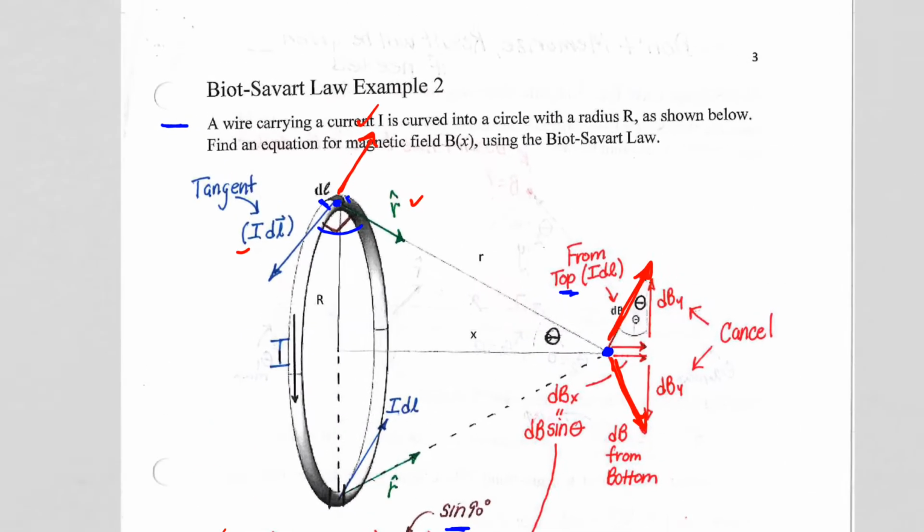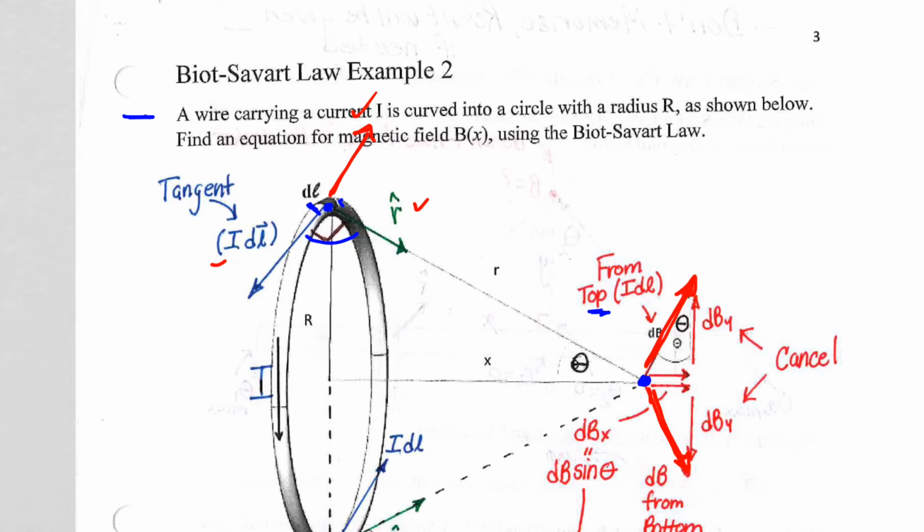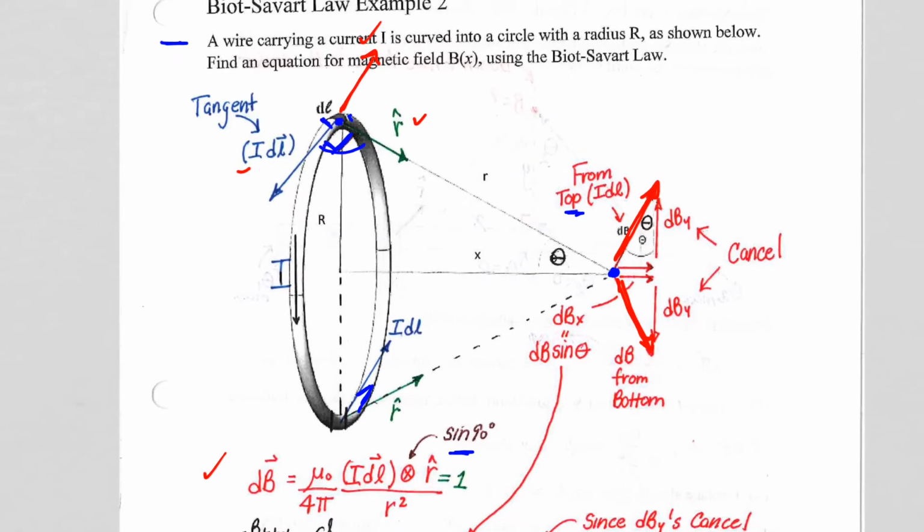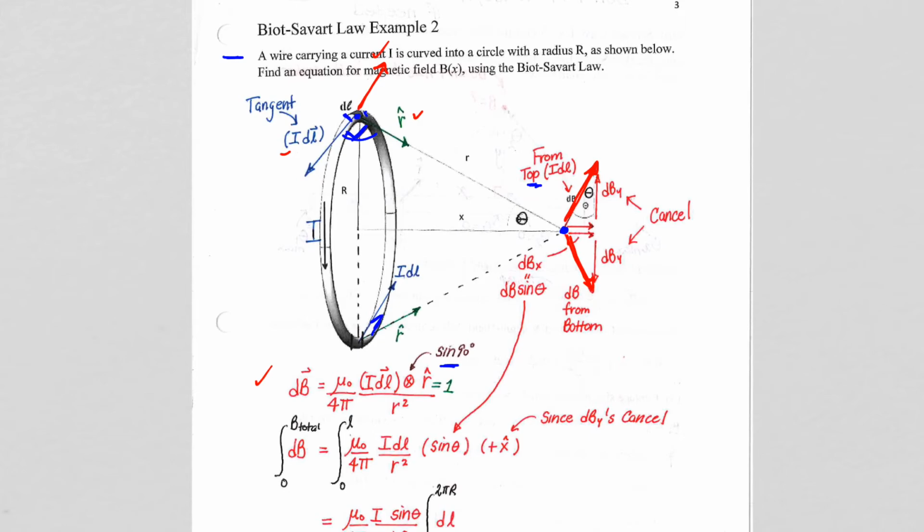It's a little hard to see the 90 degrees, so I'm going to zoom in here, but there's your 90 degrees between the IDL that's tangent and the r hat that goes radially in, and it's the same down here. It's tangent, and the r hat goes directly to the point, so it's kind of an angled plane we're looking at. Again, hopefully you see the perspective, but we can talk more about it in class as well.